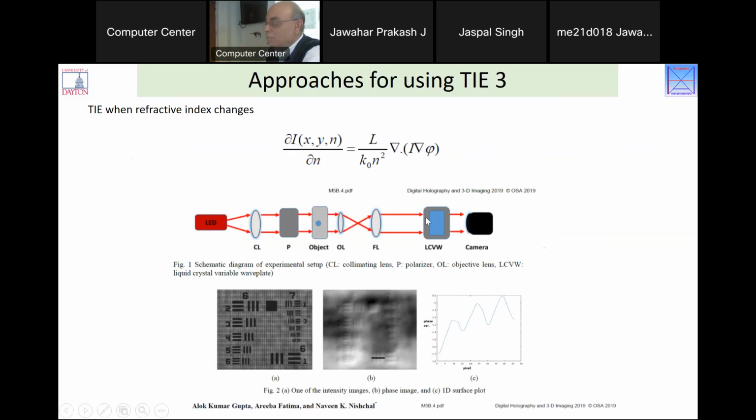So here you can put your liquid crystal there, change the voltage, and it's much more convenient. Because in this case, you take two intensities and then you subtract and you can find out the phase. Again, I can send you the abstract of that paper and the follow-up paper as well. That's, again, a very good work in the area of transport of intensity.